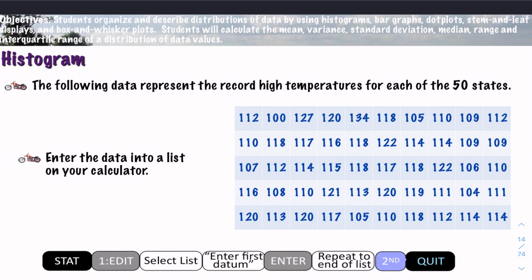If you would like to do this on your own, great. If you would like to watch me do this, then I will show you how to do this on a TI Inspire. If you have a TI 84, simply hit the buttons at the bottom of the screen, hit the stat button, edit, select, and then enter the data list.